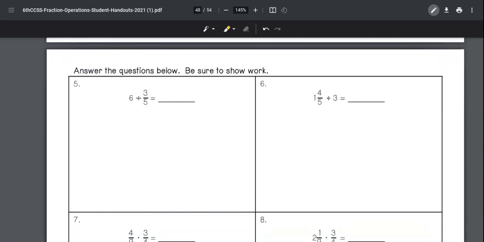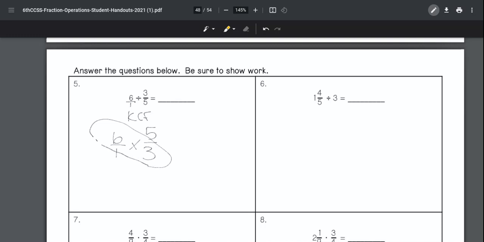Number 5, 6 divided by 3/5. I have a whole number, so I'm going to put a 1 underneath. I have a top and bottom for both, so KCF. 6/1 times 5/3. I'm going to use the Band-Aid method to simplify my numbers. Looking at my left Band-Aid, I have 3 and 6.